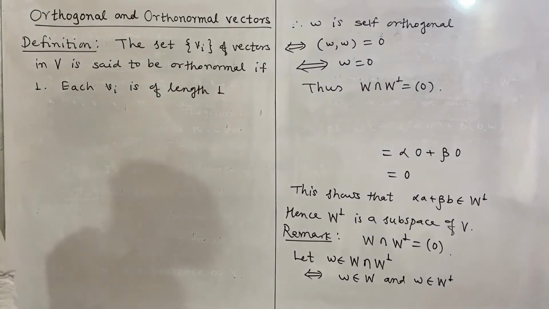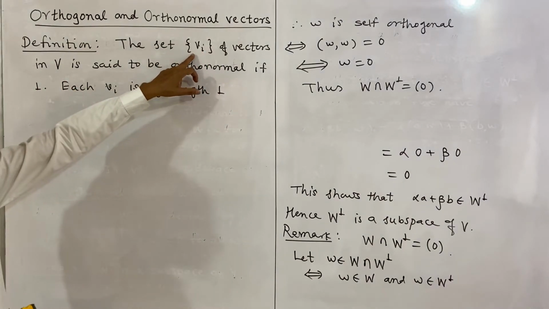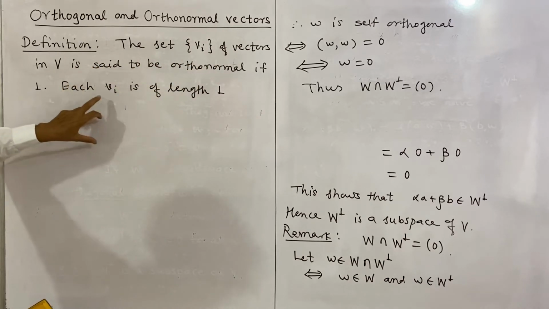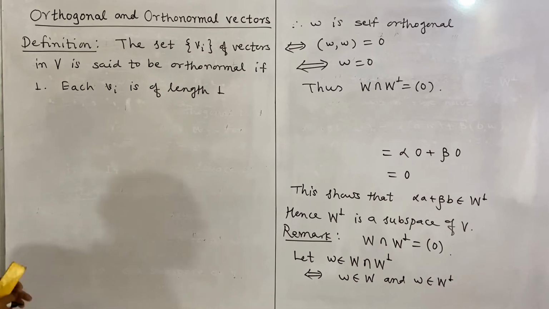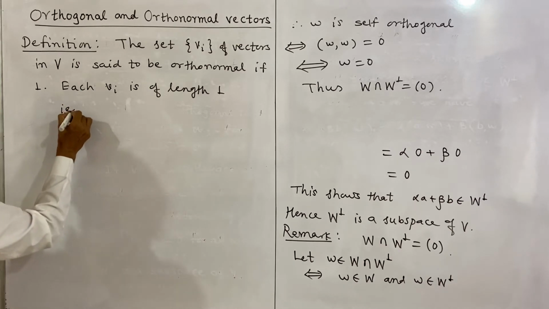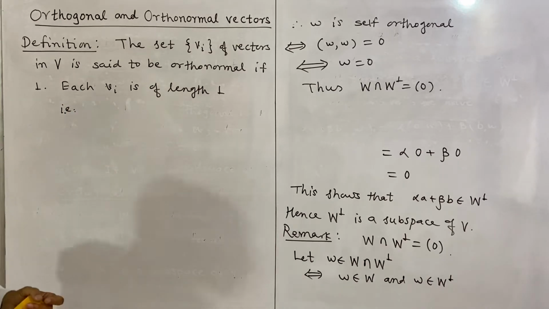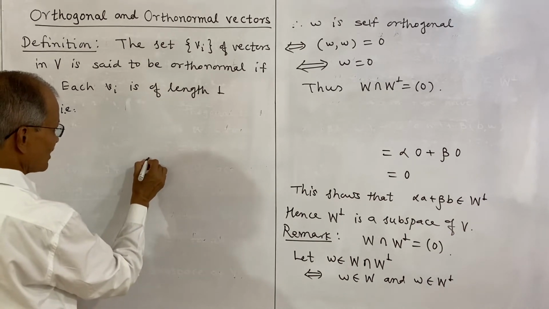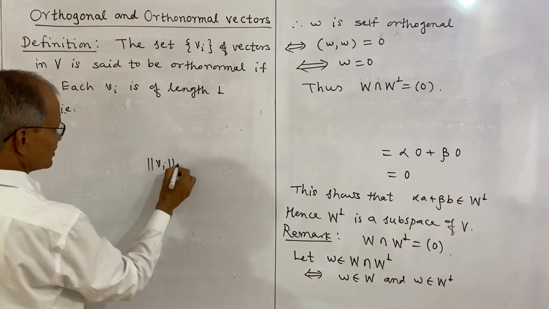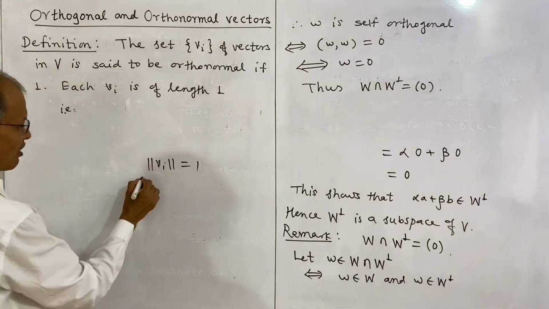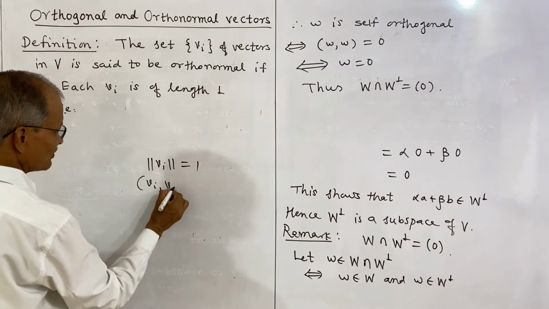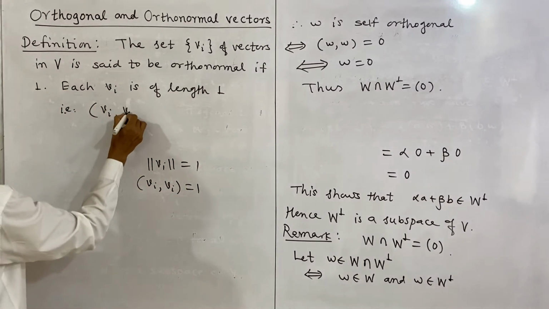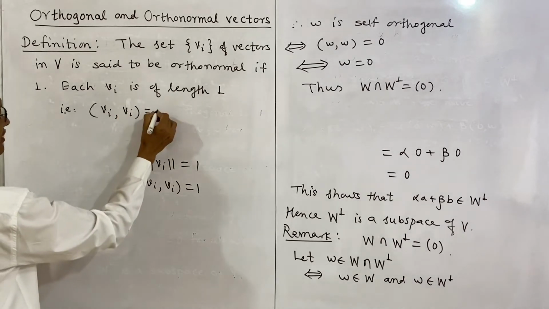We may consider any set of vectors V1, V2 up to Vn, and that set is said to be orthonormal if each Vi is of length 1. What is the meaning of length 1 or norm 1? Length means the norm of a vector. So the norm of Vi is 1, or the inner product of Vi with Vi, the same vector, is equal to 1.